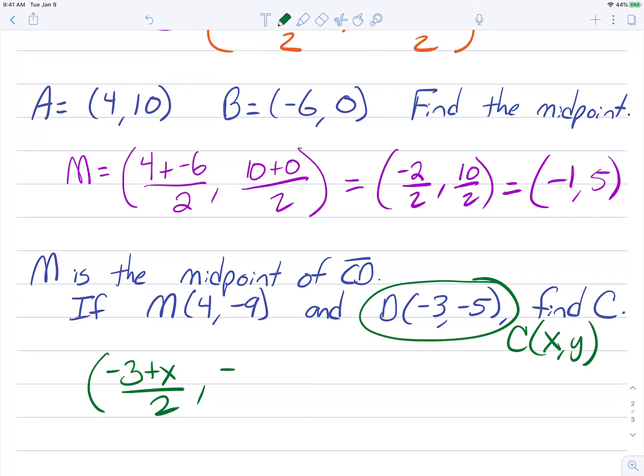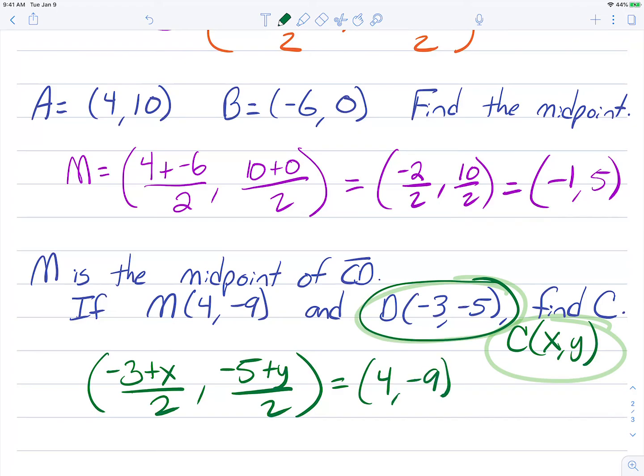Then I would have added -5 and y and divided it by 2. So I basically just used these 2 points, one of them being unknown, but I know what the answer should be. My answer should be the midpoint. It should be 4, -9.